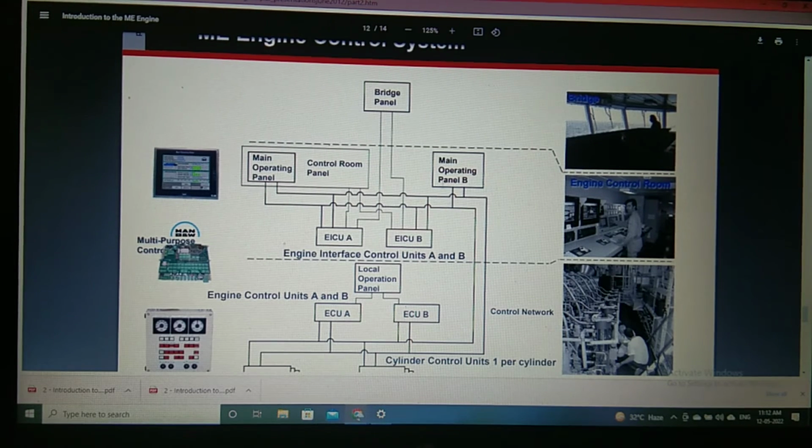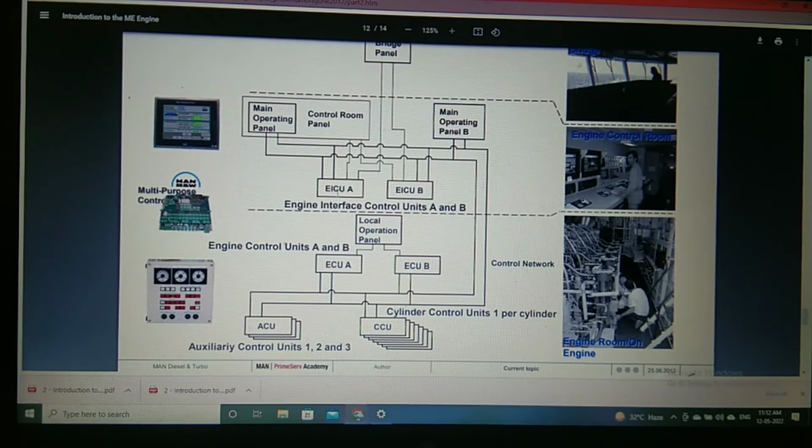This is the main operating panel B. So there are two panels, panel A, panel B, main operating, right? So the redundancy should be there. If one fails, another should pop up, another will take over, right? So EICU A, EICU B, that is engine interface control unit A and B, all these are linked together, right? If one fails, another will take over. And local operation definitely should be there in emergency.